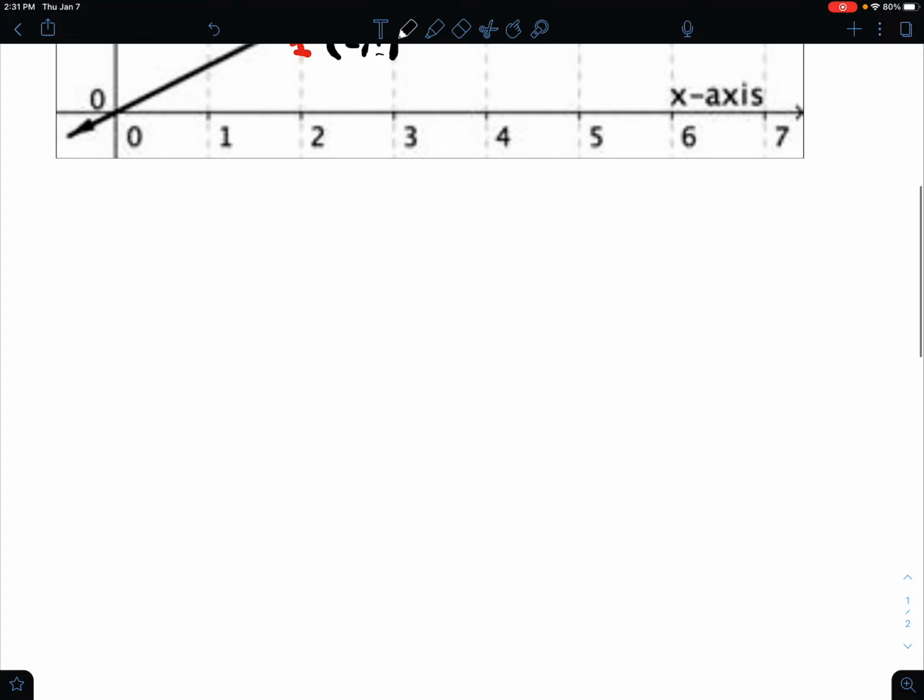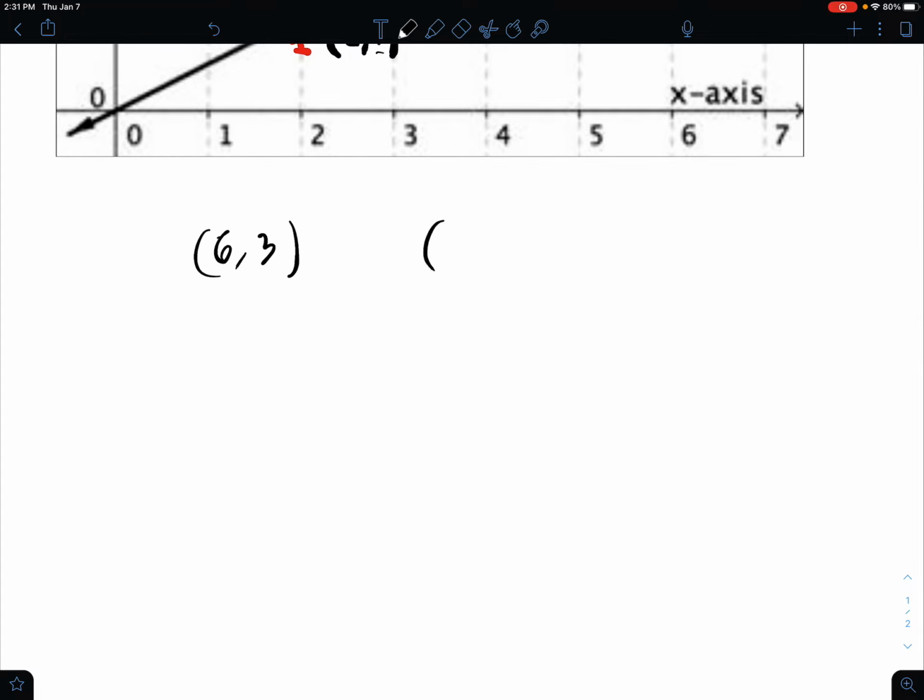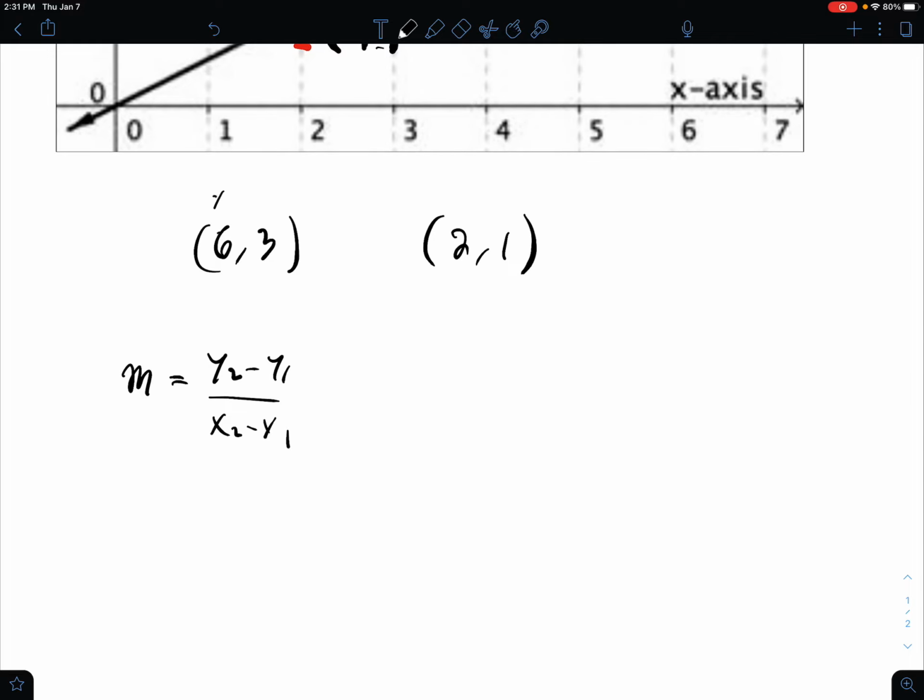So let me just make it a little longer. If my points are 6, 3 and 2, 1, and I try to figure out my slope, I'll say, okay, my slope is equal to y2 minus y1 divided by x2 minus x1. What if I call this my point 1, x1 and y1? On the graph, I did it the other way around. So let's see what happens.